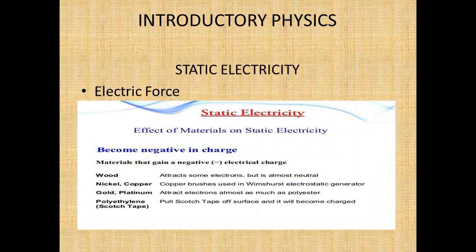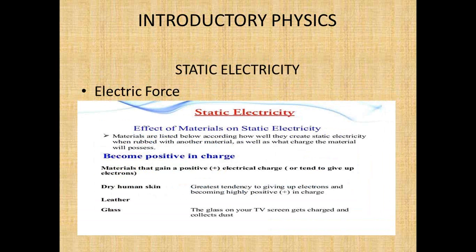Nickel, copper, gold, platinum, you can commonly create a negative charge by transferring electrons. Similarly, you can create a positively charged object by removing electrons from the object. To create a positive charge, you can do that using dry human skin, leather, and glass.